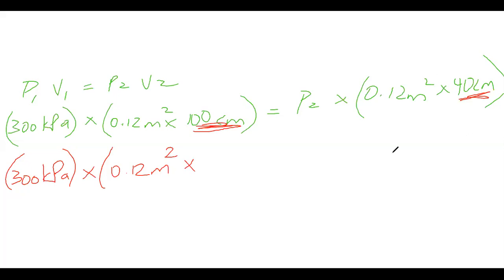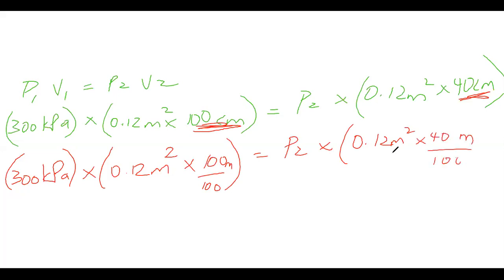Nice. So you're going to have 100 divided by 100 here, which is equal to P2 multiplied by 0.12 meters squared, multiplied by 40 meter divided by 100. So when you look at this whole thing, you have 300 multiplied by 0.12 multiplied by 100 divided by 100, which is 1.